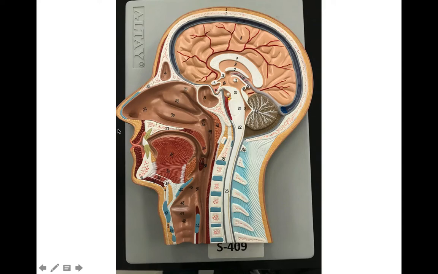Another model, internal nares. This is the hole, the nostril, vestibule, superior, middle, and inferior nasal concha, frontal, sphenoid sinuses, entrance to the auditory canal or eustachian tube. Here is the pharyngeal tonsil.